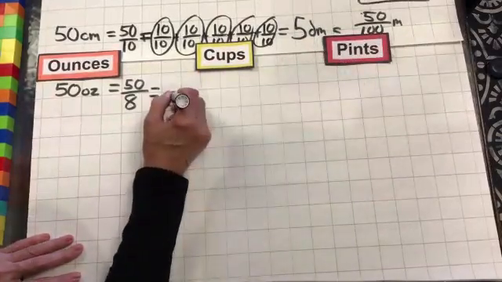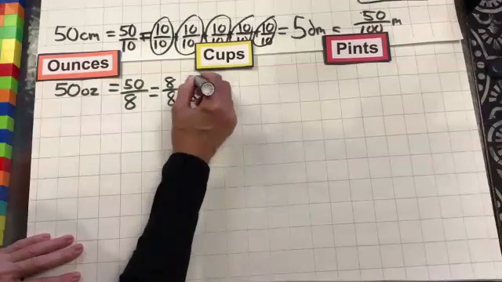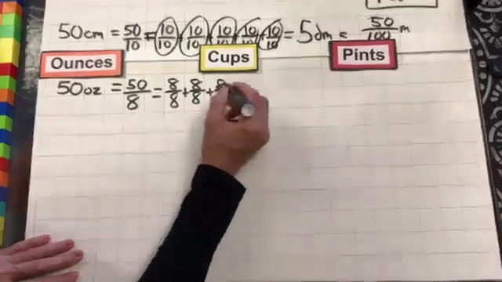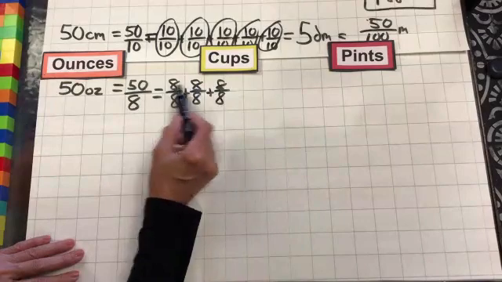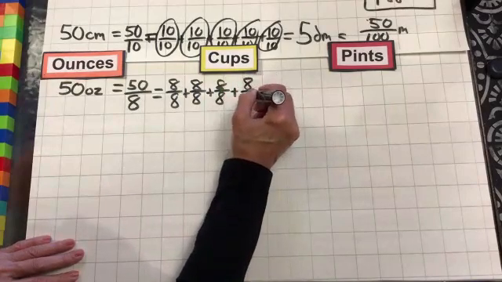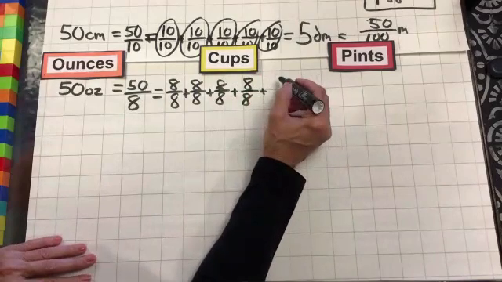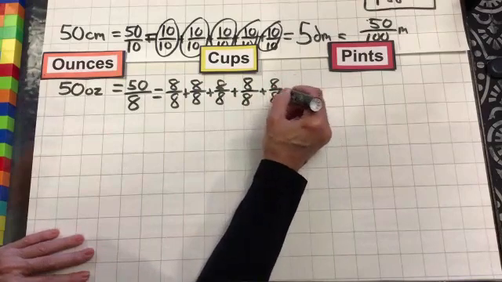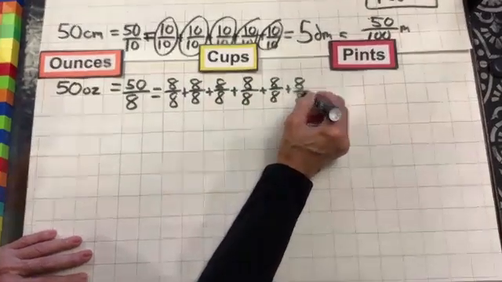So here we go. 8 over 8 plus 8 over 8 plus 8 over 8. Let's stop and check this out. We have 8, then 16. 2 8s is 16. 3 8s is 24. 4 8s are 32. 5 8s is 40. 6 8s is 48.